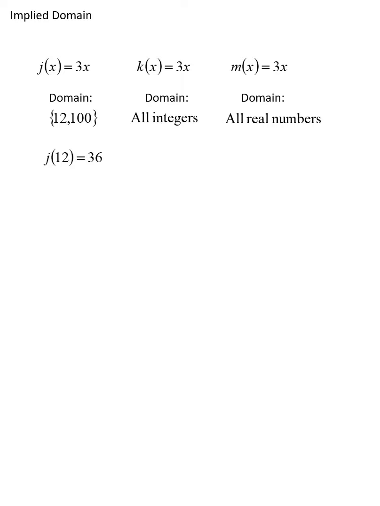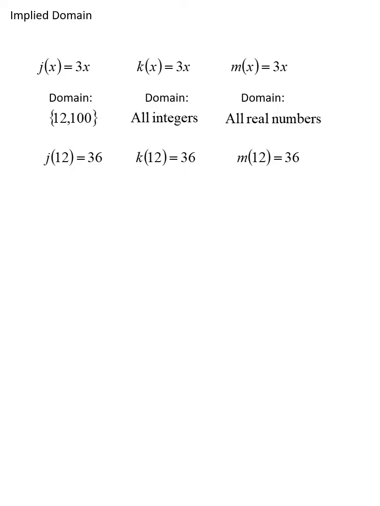Now, that being said, in this first function, j of 12 is 36, obviously, because 12 times 3 is 36, but k of 12 and m of 12 are also 36, obviously for the same reasons. But now, consider j of x having an input of 5. If 5 is the input for j, what's the output?